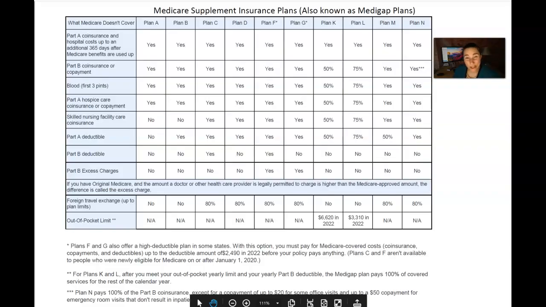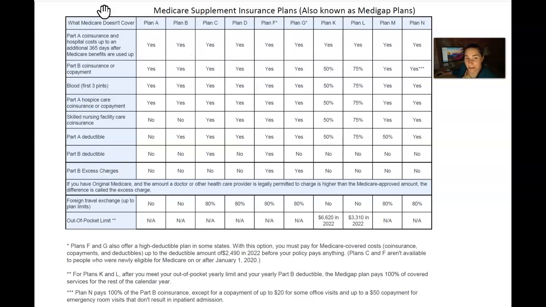But let's talk about these Medicare excess charges. Where do you see something like that? Let's go take a look. So when we're looking at all the different Medicare supplement insurance plans, otherwise known as Medigap plans, we see on this chart here where it says Part B excess charges.